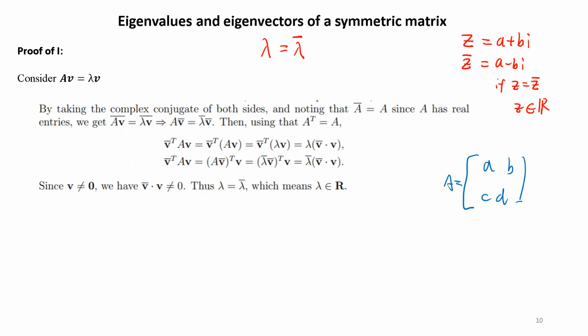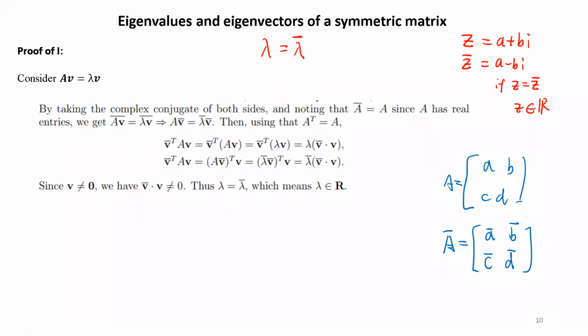Then the complex conjugate of A is nothing but taking the complex conjugate of each element individually. Nothing more. Now, taking the complex conjugate of the left-hand side and the right-hand side, I get this: the product of A and V conjugate is equal to lambda conjugate times V conjugate.